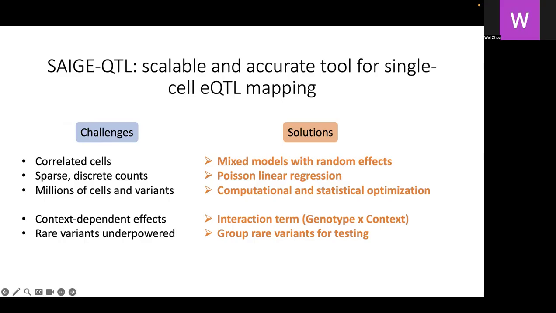And for rare genetic variants, where individual single variant tests are underpowered, they are grouped together in a set-based test to improve power. So together, this makes it an appropriate tool for single-cell eQTL mapping at scale.